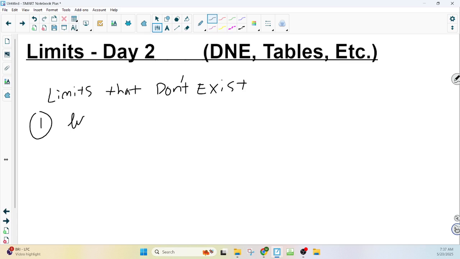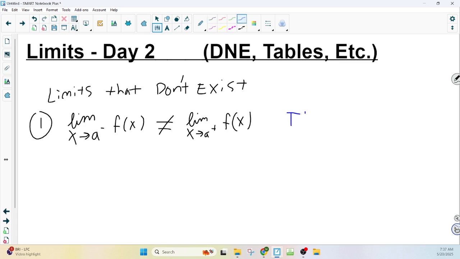That's when the limit as x approaches a, which is the value, from the left side does not equal the limit as x approaches from the right side. So to simplify, TLDR, the left doesn't equal the right. The notation's kind of important, but this one we already talked about.